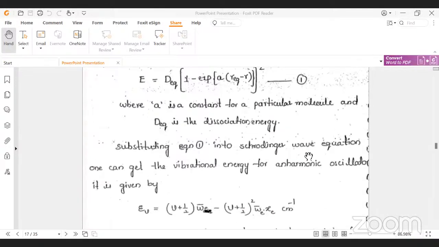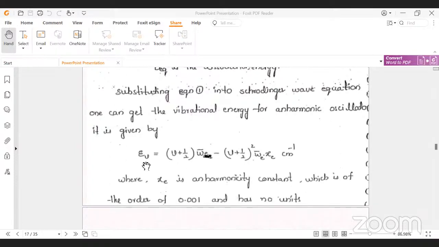Substituting equation 1 into the Schrodinger wave equation, one can get the vibrational energy for anharmonic oscillation. It is given by E_v equal to (v plus 1 by 2) w_e minus (v plus 1 by 2) square w_e x_e, in centimeter inverse. This equation is for anharmonic molecules.